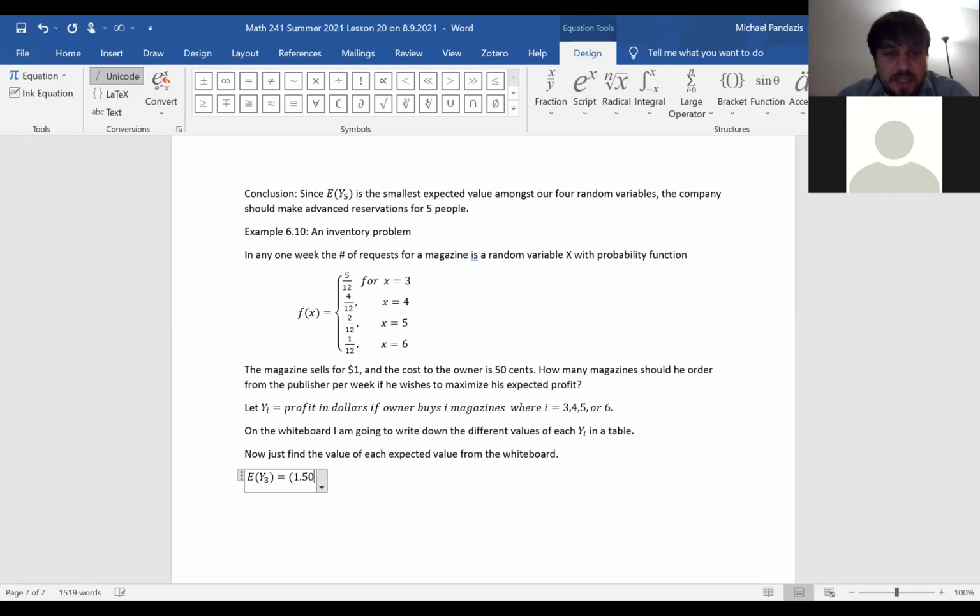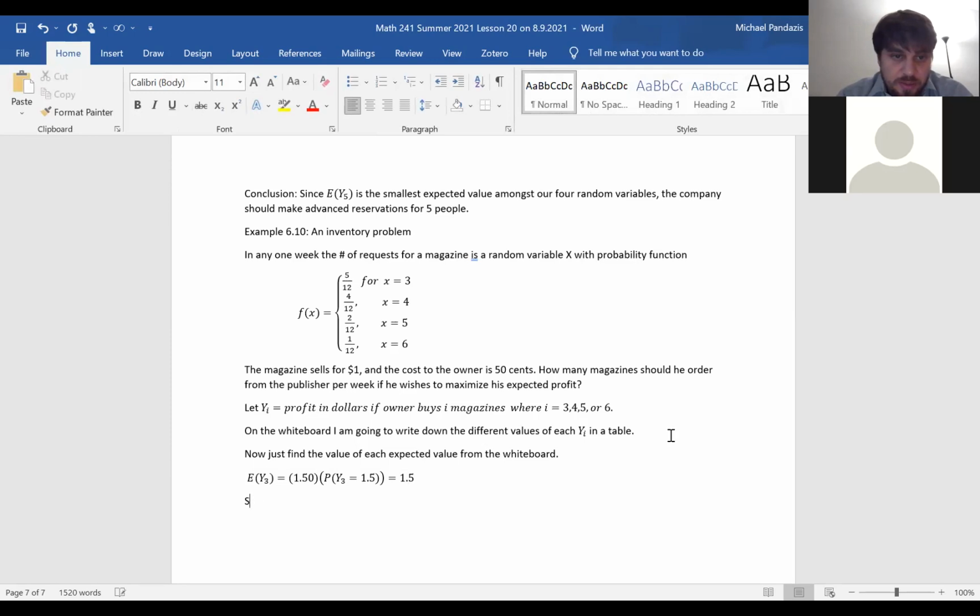Then you multiply those two and you get 1.5.